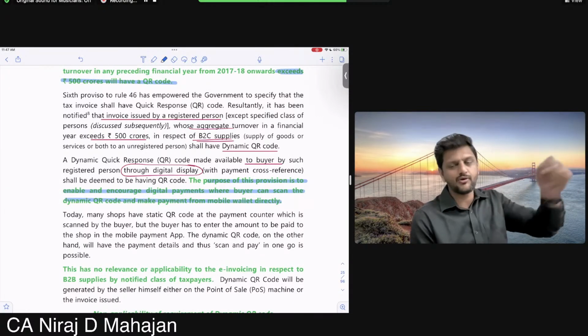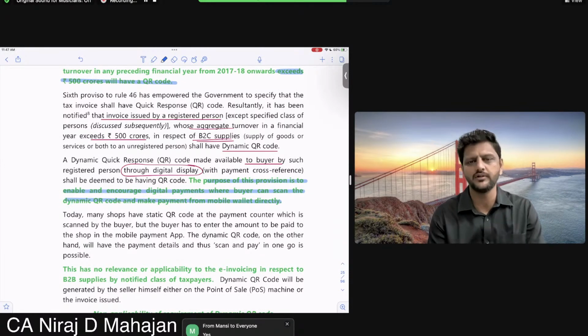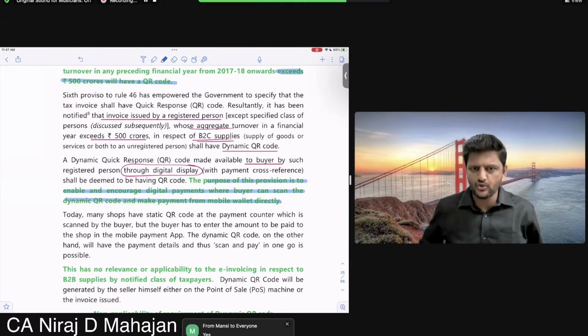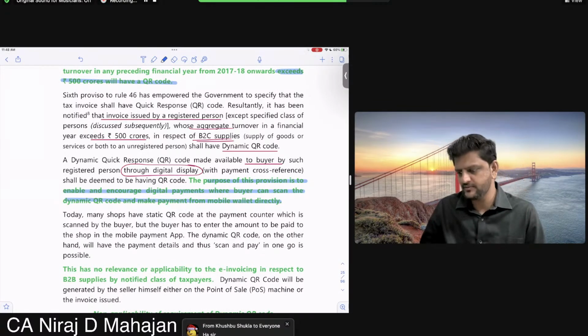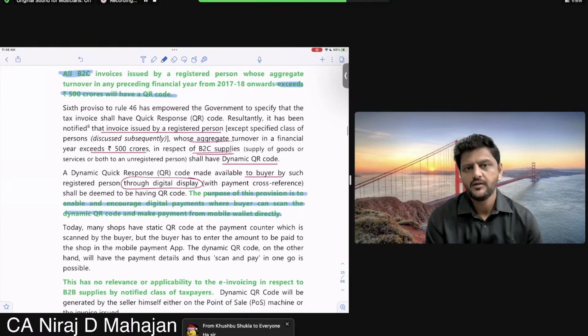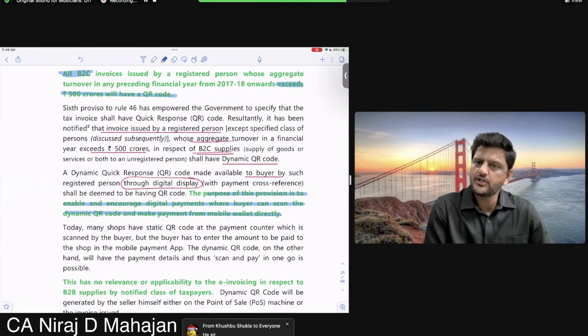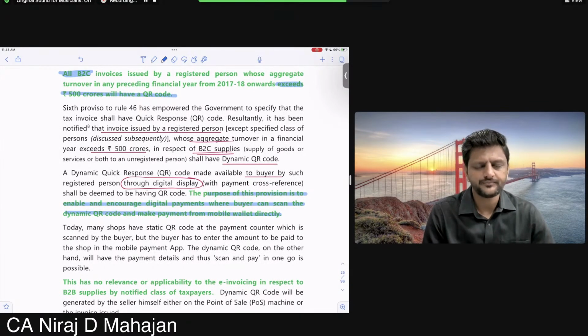We take the scanner from that person, from wherever you are buying tea or chocolate, from the grocery store also. But whenever we are talking about business to consumers, with turnover of more than 500 crores, they also have to show their QR code, always display it, so that the buyer can immediately make a payment.